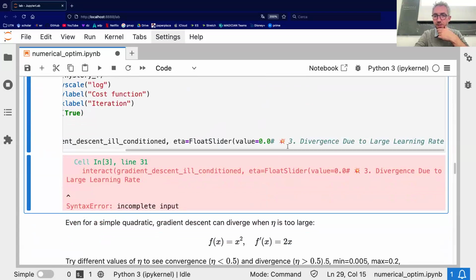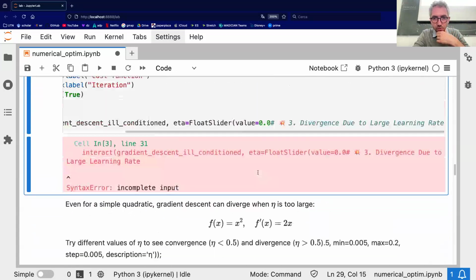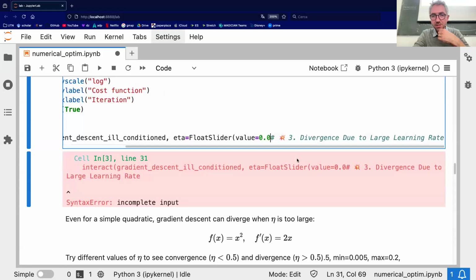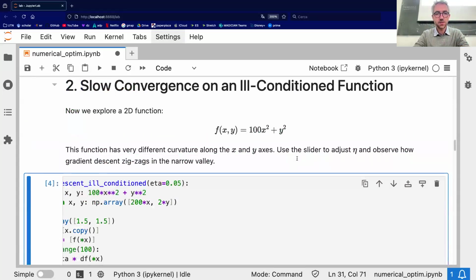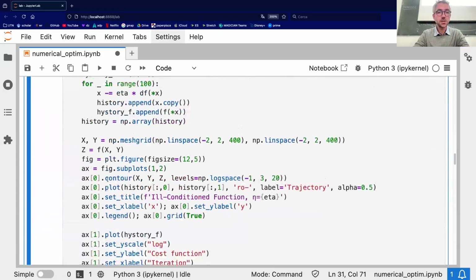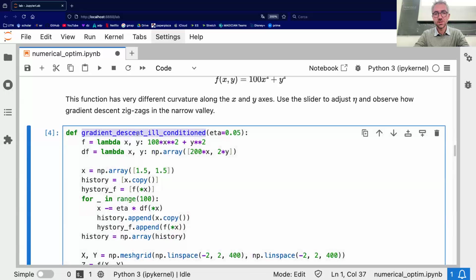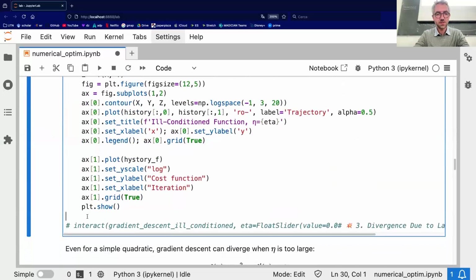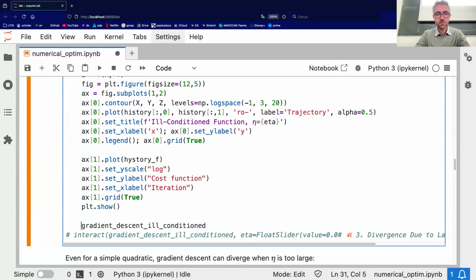Okay, it didn't like it because I think I broke it somehow. And I need to call the function. So 0.05.